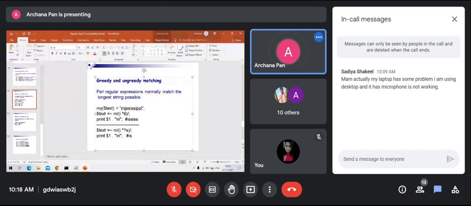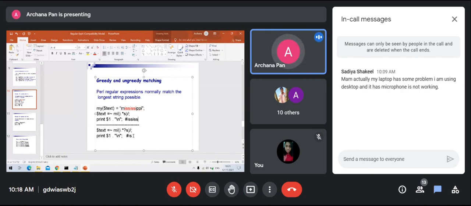See, I followed by everything, ending with S. So that's why when you use only the asterisk, you will get up to this one, ISS, ISS, the longest string possible. This is the greedy nature of PERL.